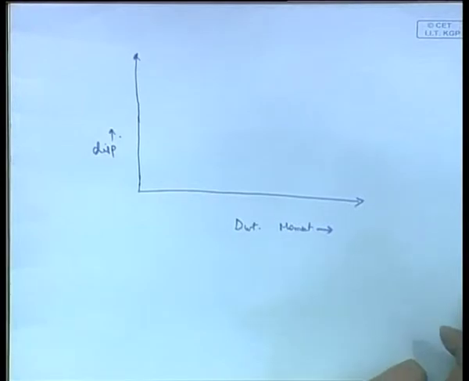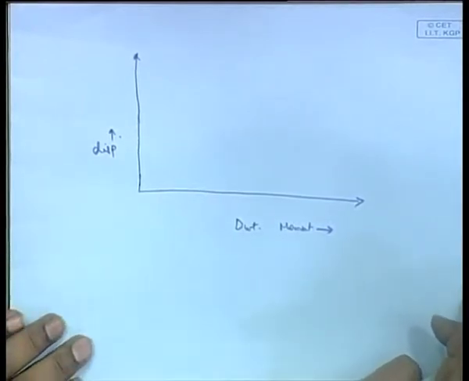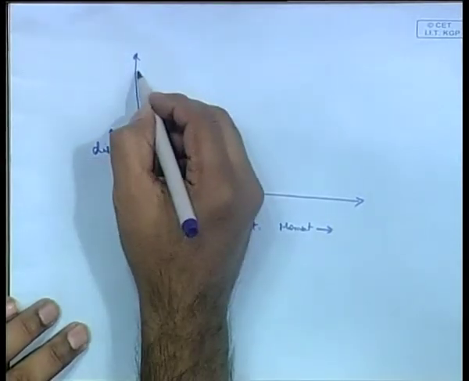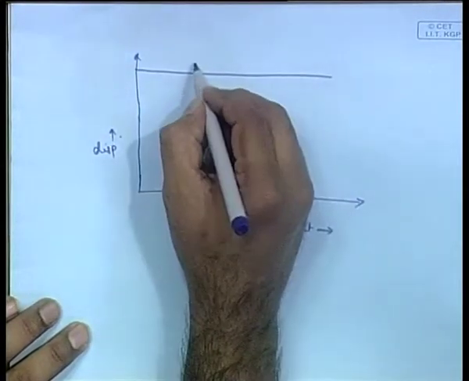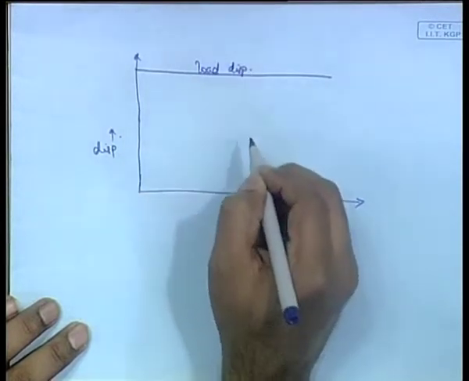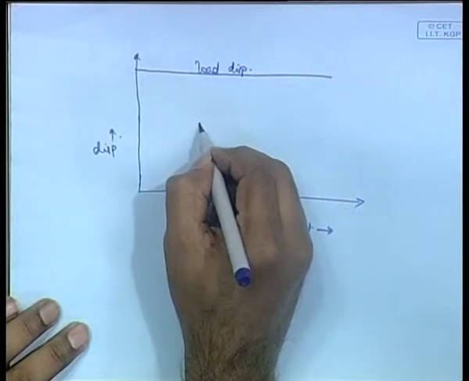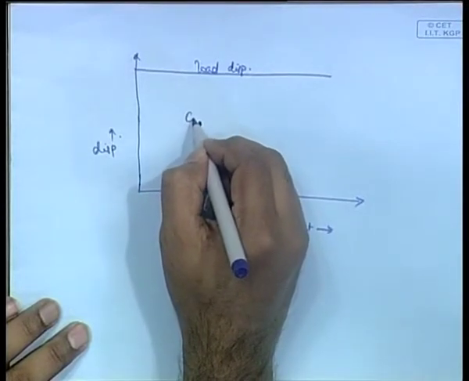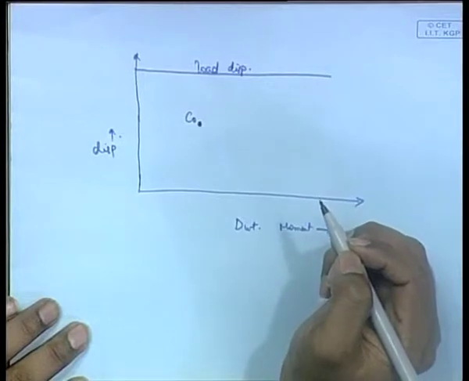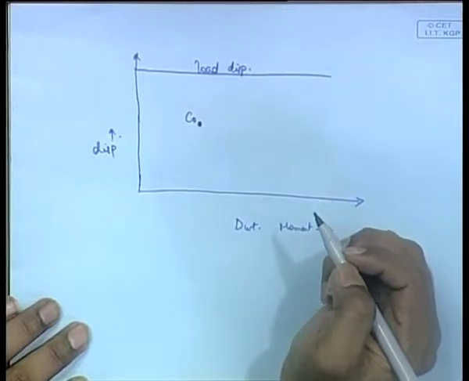You are having displacement versus dead weight moment. Here you will have a line like this, which is called summer load displacement or load displacement, and the ship cannot cross that. Usually you will have a position where you are at, let us call this C0, the ship is initially here. Now, there are different directions in which it can go.